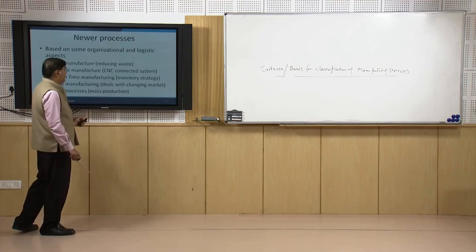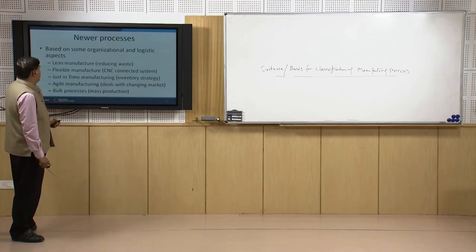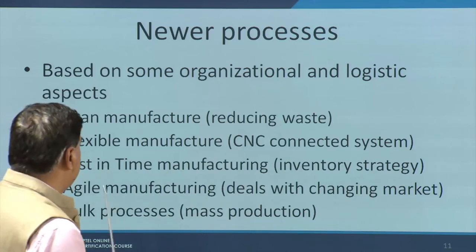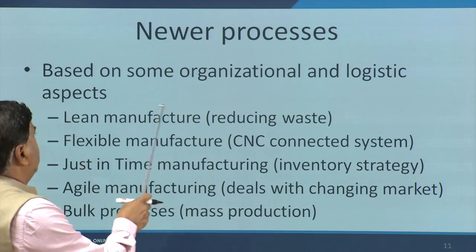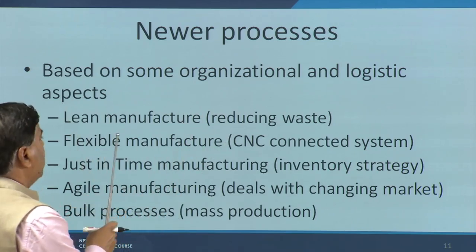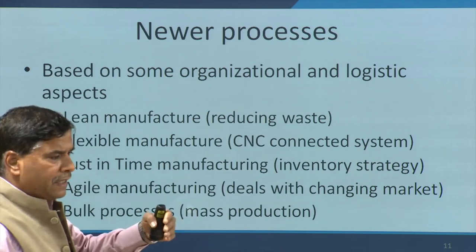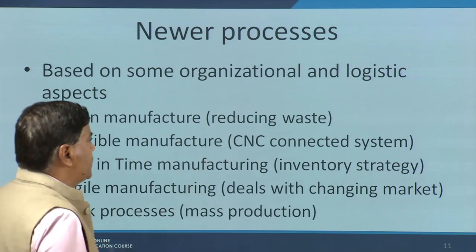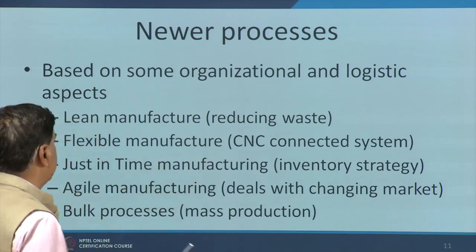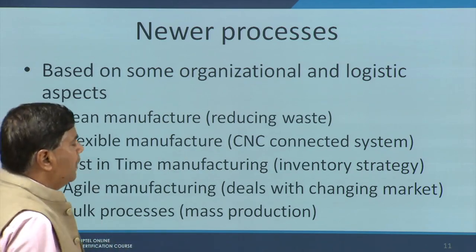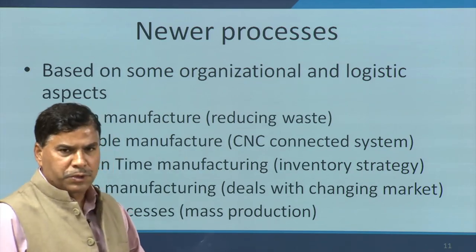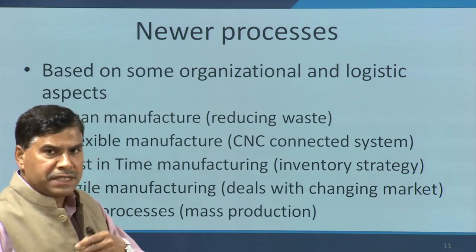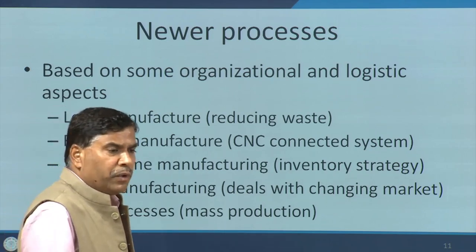Coming to the newer approaches, which involve newer logics for manufacturing, based on organizational logistic aspects for increasing productivity and meeting the demand of customers, like lean manufacturing, which is used for reducing wastages, and flexible manufacturing, which uses robots or automated guided vehicles or CNC machines, all interconnected with each other.